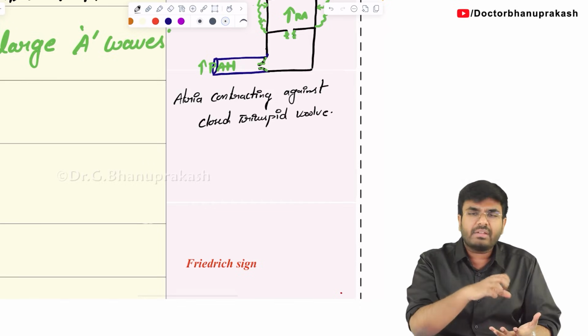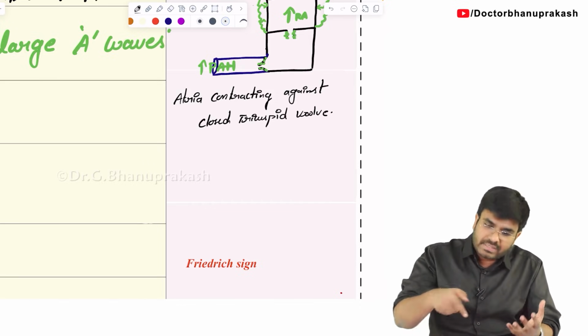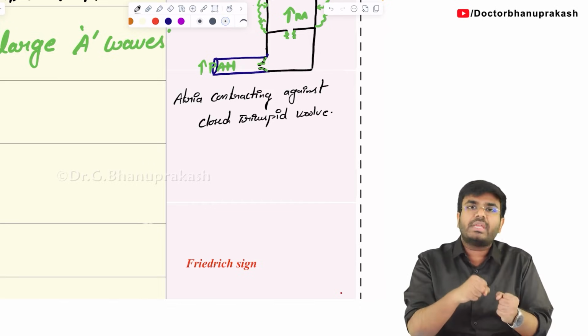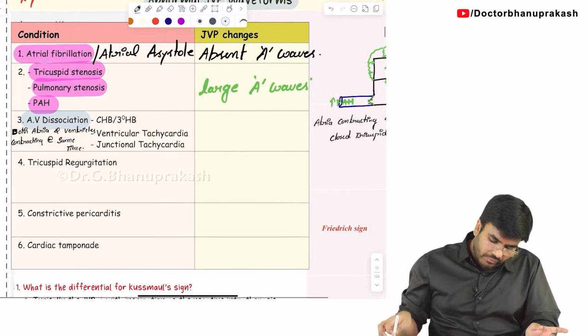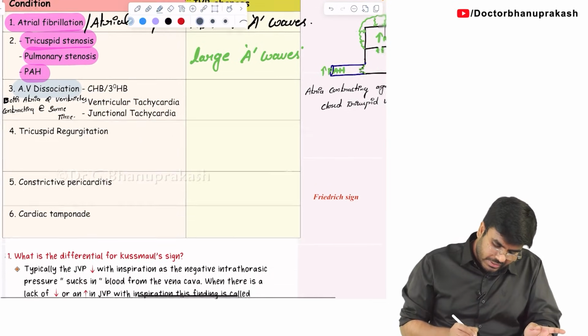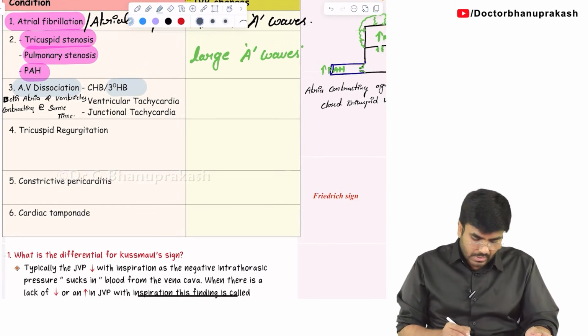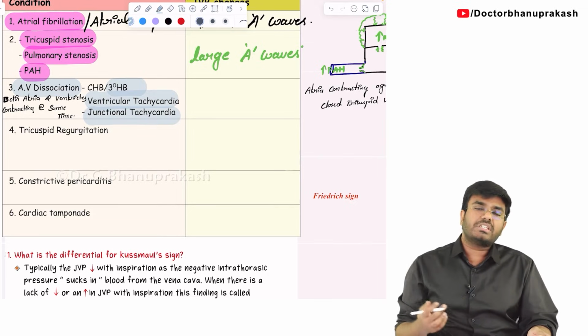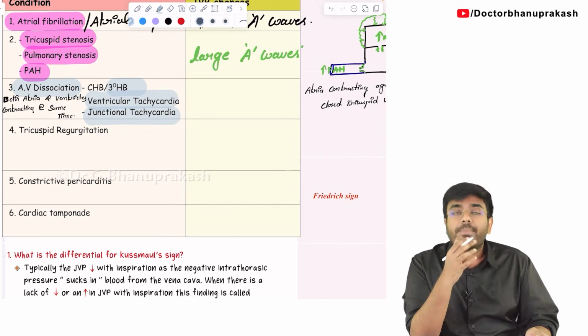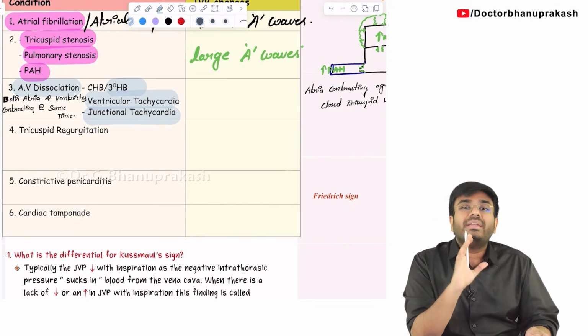When atria contract against a closed tricuspid valve, at the same time the ventricle is also contracting. That means both are contracting at the same time. This is called atrioventricular dissociation. Such atrioventricular dissociation is seen in three conditions: complete heart block, junctional tachycardia, ventricular tachycardia. In these conditions, the atria and ventricles are dissociated.